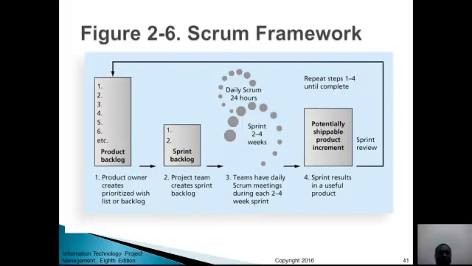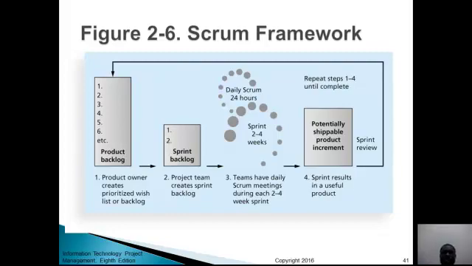In the Scrum framework, the product owner creates a prioritized wish list, or backlog. Then the project team creates a sprint backlog, and the team has daily Scrum meetings during each 2 to 4 week sprint, and then potentially shippable products.